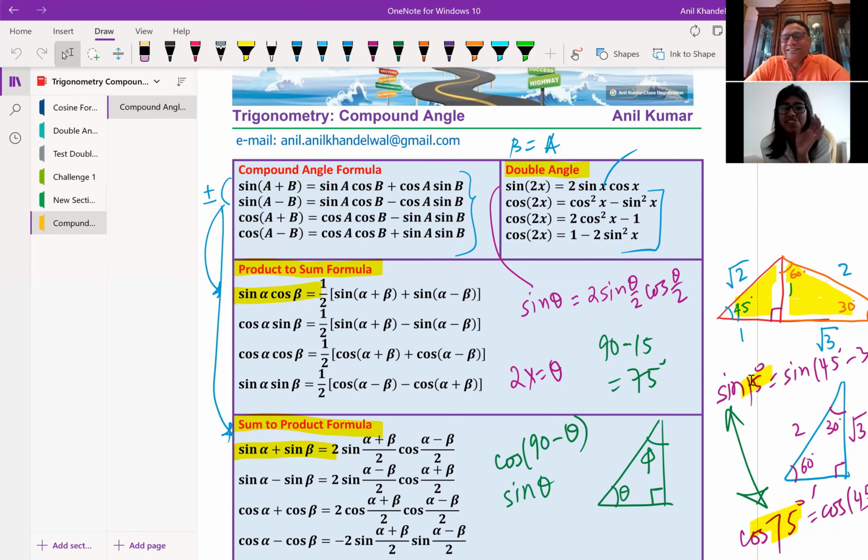You just start off with the 4 main ones, the compound angle formulas, and we were deriving every single equation that you see on this page, and it just flows so well that it makes sense.